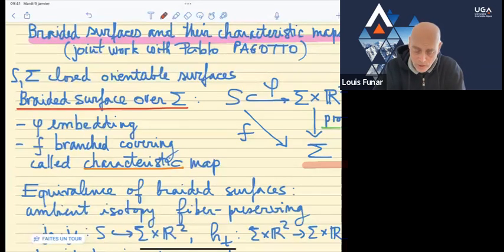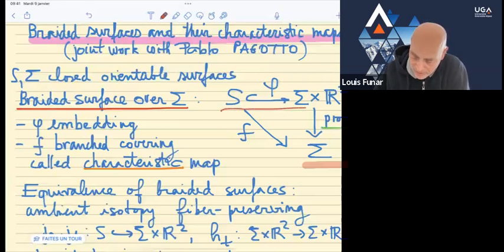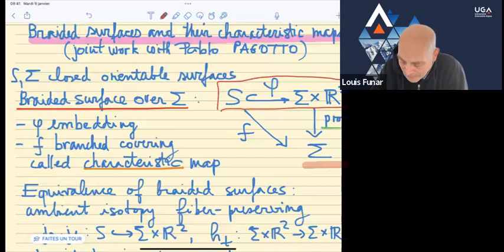And what I call a braided surface over sigma is simply the embedding of the surface S in the product of sigma and a plane, in such a way that when you project on the first factor, going from sigma cross R2 onto sigma, the composition from S to sigma is just a branched covering. And this branched covering is called the characteristic map of the braided surface.